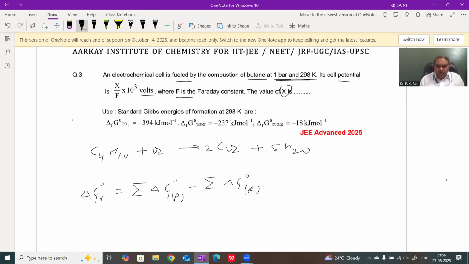Putting the values, the products are CO2 and H2O. 4 moles of CO2, the value for 1 mole of CO2 is given as 394, into 4, and 1 mole of water is given as 237 into 5.